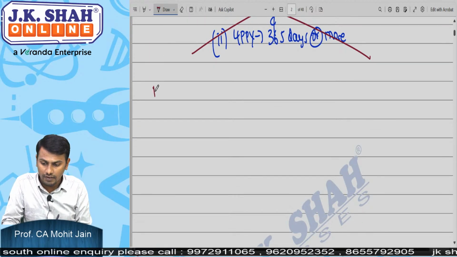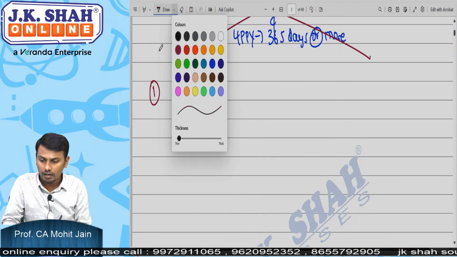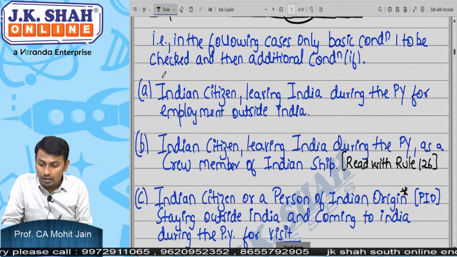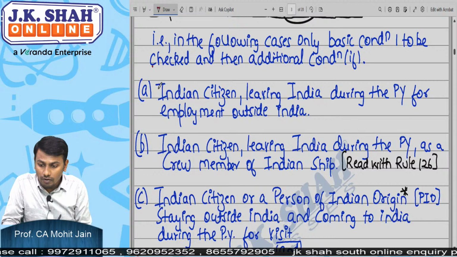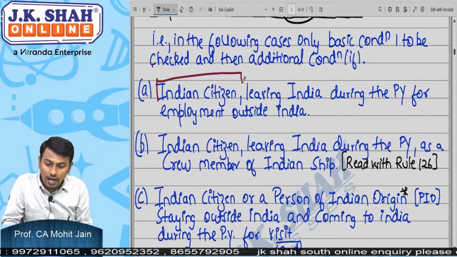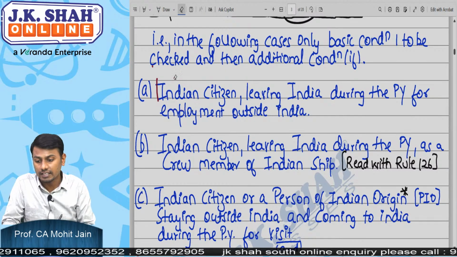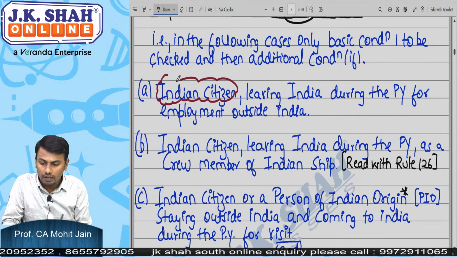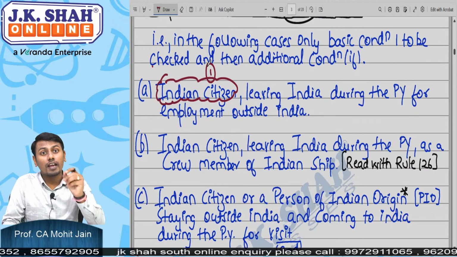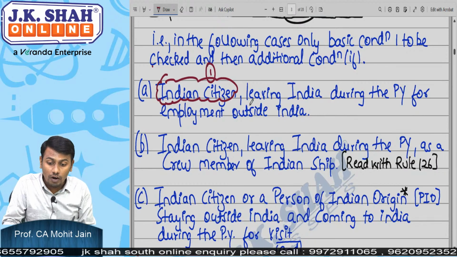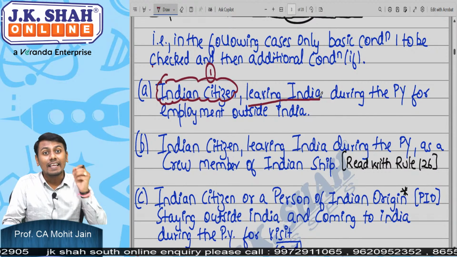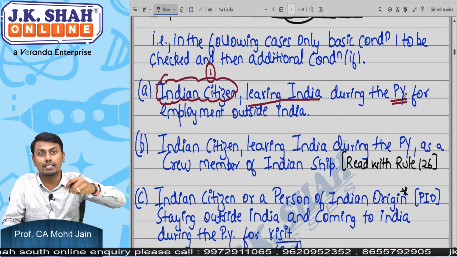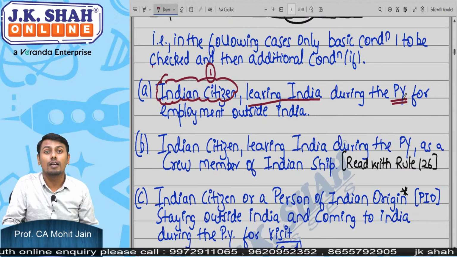Now let us see, case number 1. If you are an Indian citizen who is leaving India during the previous year, that is during the current year, the year in which he is earning the income.